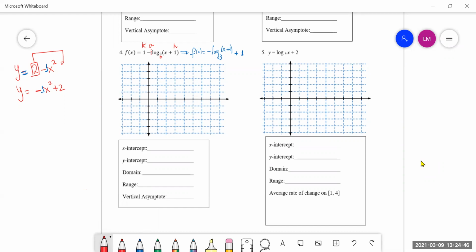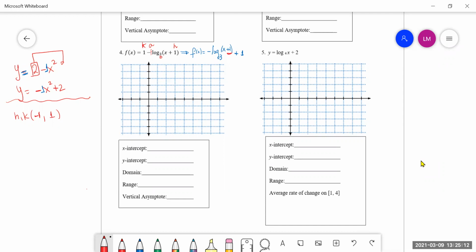All right, let me do some of the work here on the side. Let's start by identifying our starting point. Take a look at over here. We have a plus 1, so it has to be a negative 1. That's what would zero it out if I plug in a negative 1 for x. And our k is positive 1.